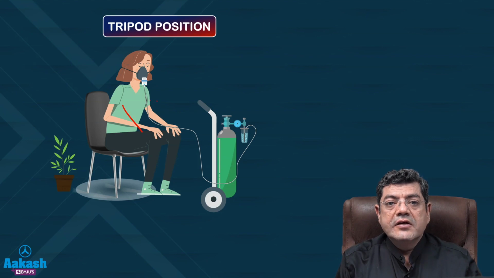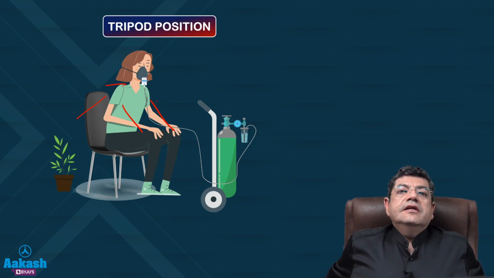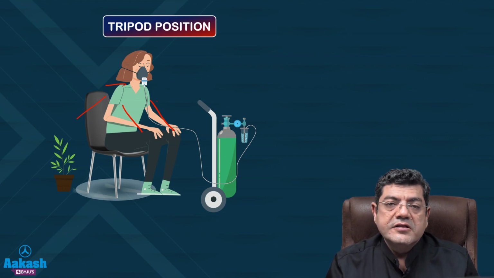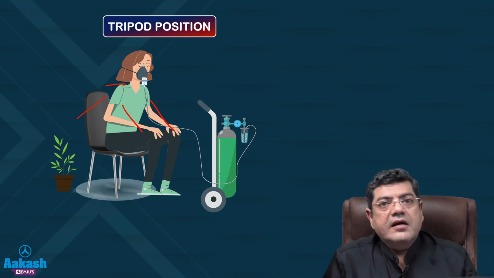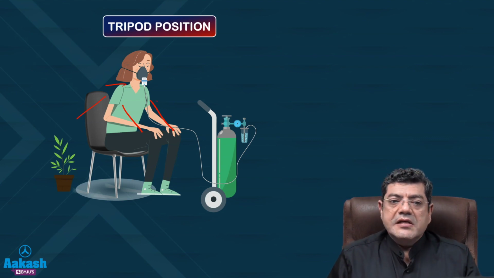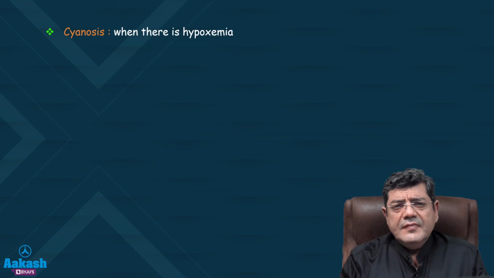So they would sit with their arms fixed either in front or behind the trunk. If they are sitting on the ER bed, you will see them often leaning back. That's also tripoding. They're just basically fixing their back, their upper limbs and their neck, so that the accessory muscles can contract more effectively. Okay.